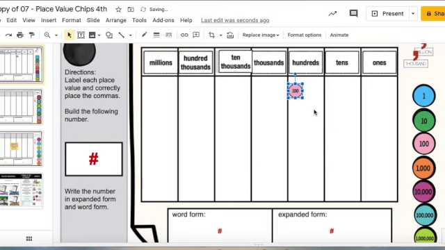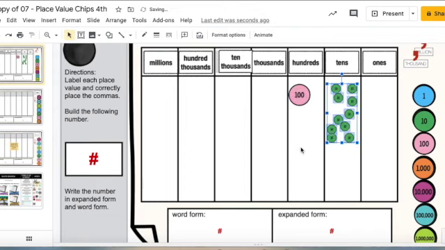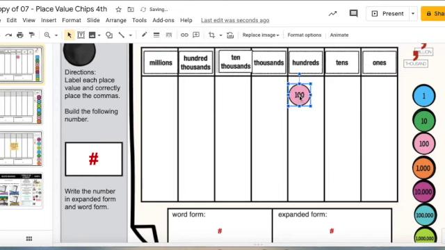So I'm going to take my hundreds chip here. Let me see if I can get this working here. Okay.